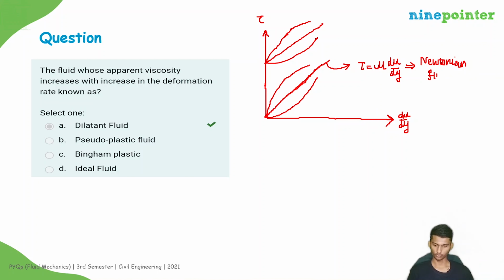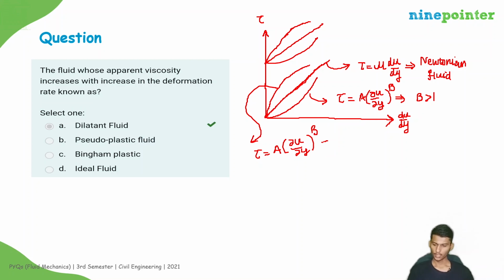Now if you see this figure, tau will be equal to a into (dou u by dou y) whole power b. In this case, b will be greater than 1. And if you see this one, tau will be equal to a (dou u by dou y) whole power b, and in this case, b will be less than 1.